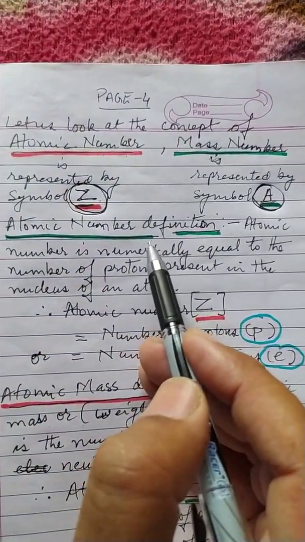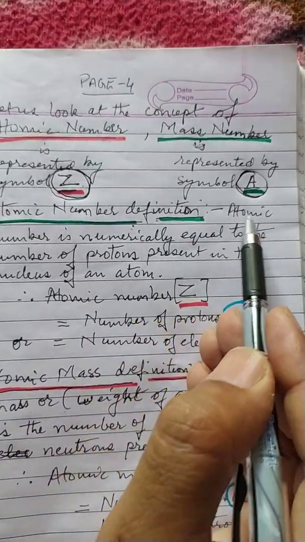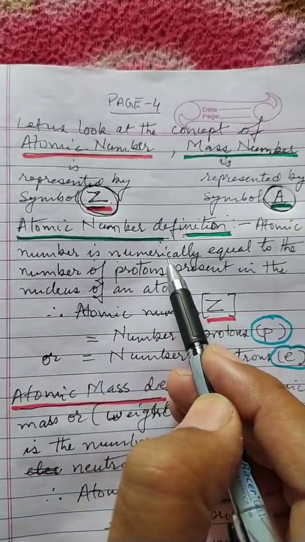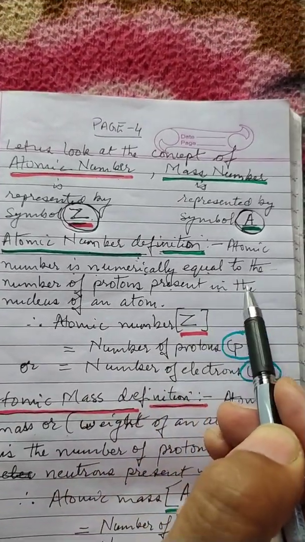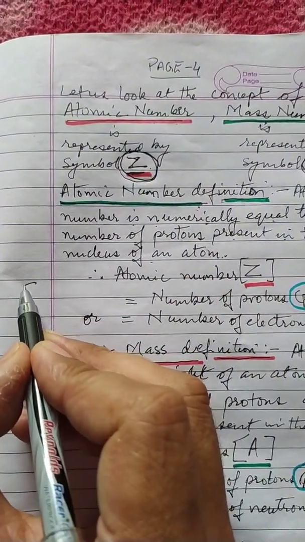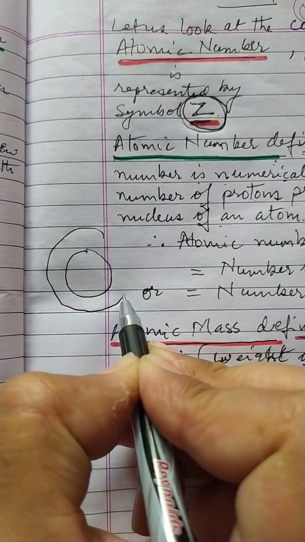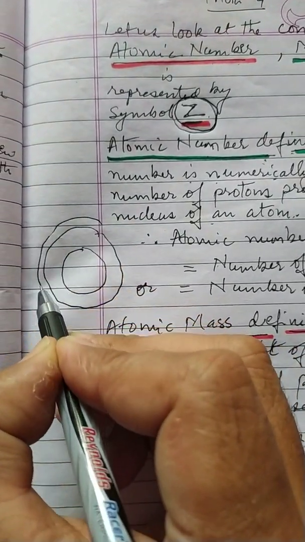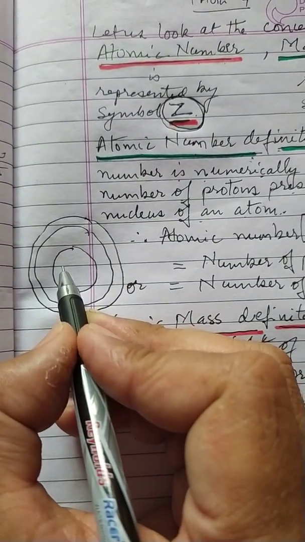Atomic number. How can we define or explain atomic number? Atomic number is numerically equal to the number of protons present in the nucleus of an atom. We all know that an atom has a nucleus, and outside the nucleus it has shells. This is the nucleus.